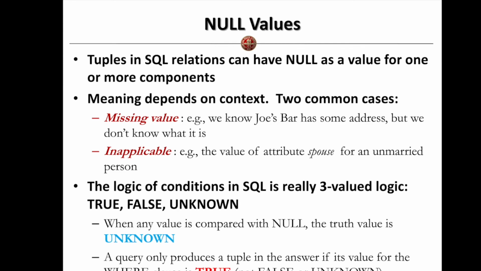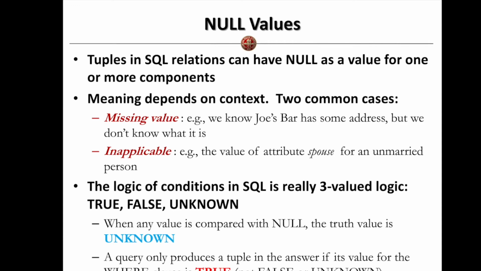Normally in database systems, we use null to represent some special cases for the attributes, and its physical meaning depends on the context. We have two common cases. We can use null to denote some missing value. For example, if we know that Joe's Bar has some address, but we don't know what it is, then we can set this address to be null.